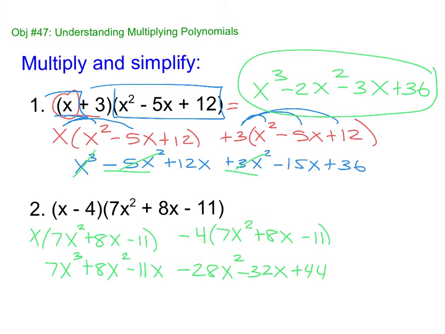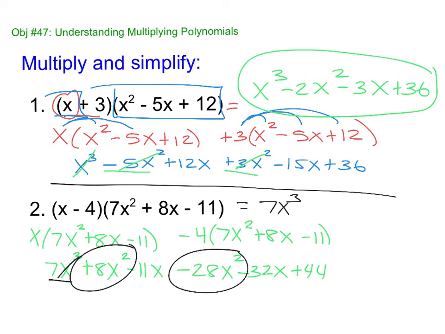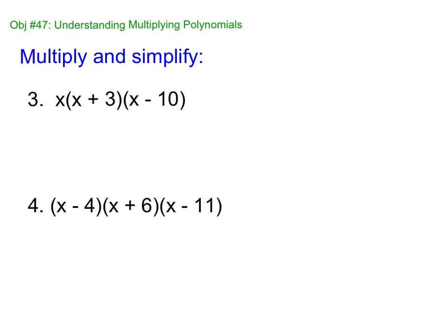We're going to go through, combine like terms. So 7x cubed is by itself. And then I have my 8 and my negative 28 gives me negative 20x squared. So those are done. And then negative 11 and negative 32 gives me negative 43x plus 44. All right, so if you want to highlight, however it helps you to combine like terms accurately.